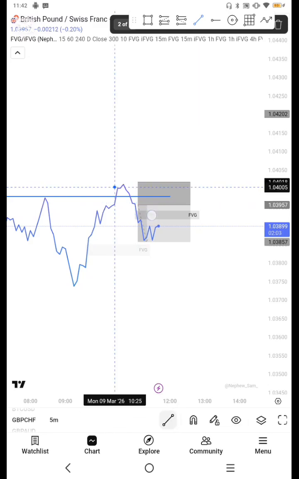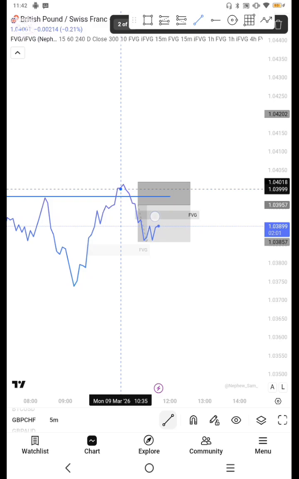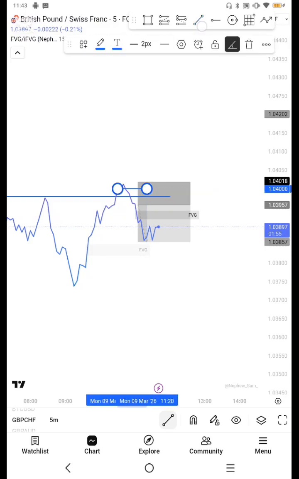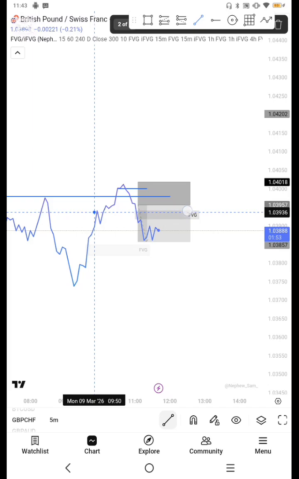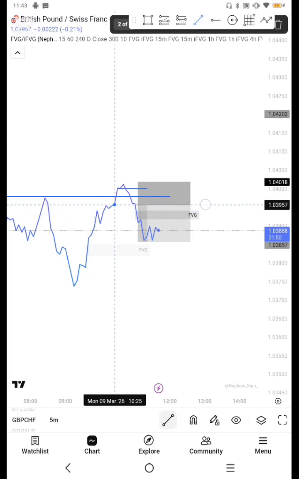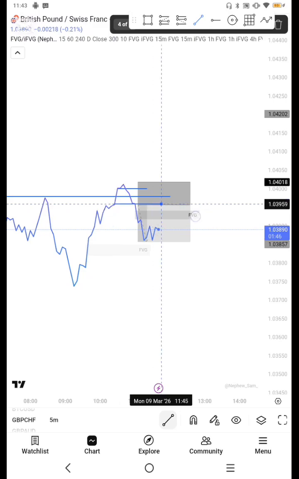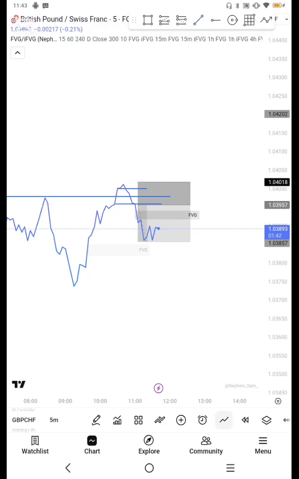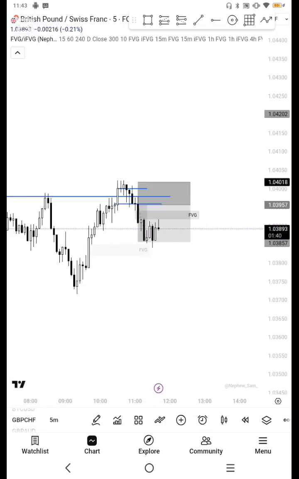Firstly, the first one is here. Don't worry, I trade these minor, these little structures. I trade them. Then there is another one here. There is a clear one here again. Now go back to the candlestick formation.